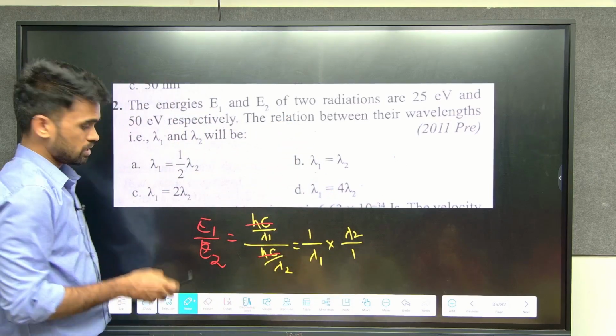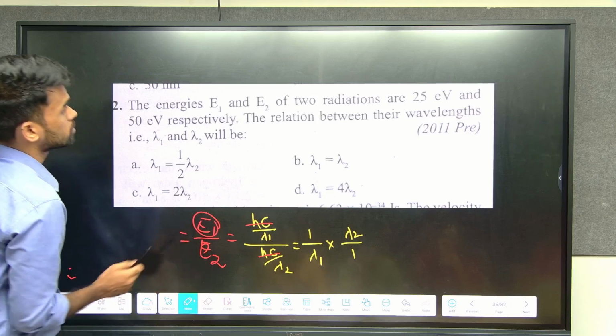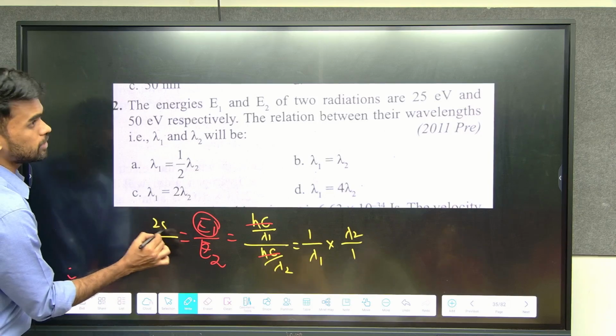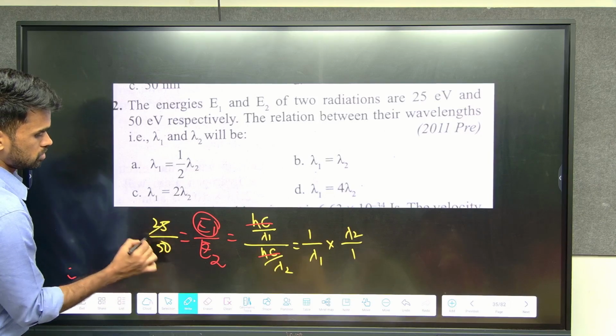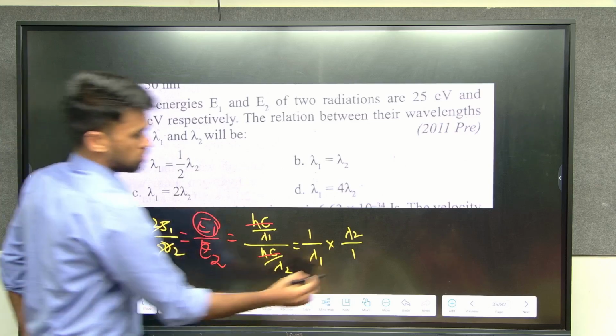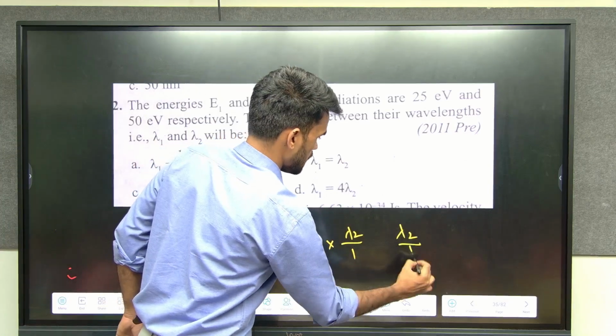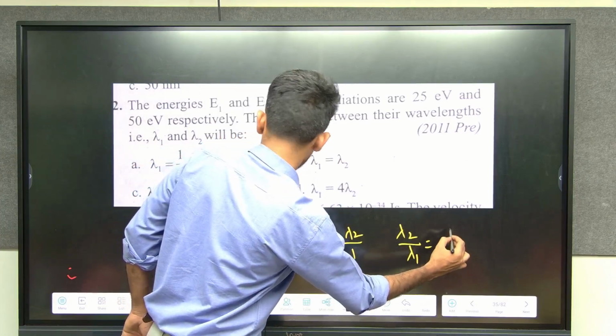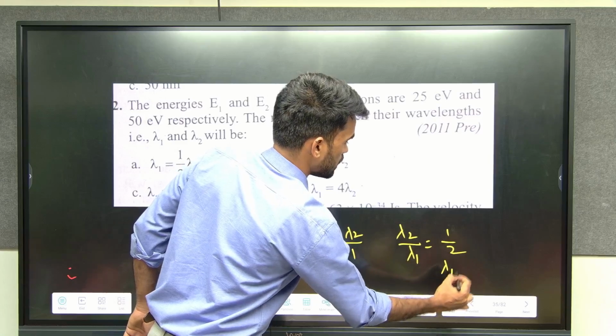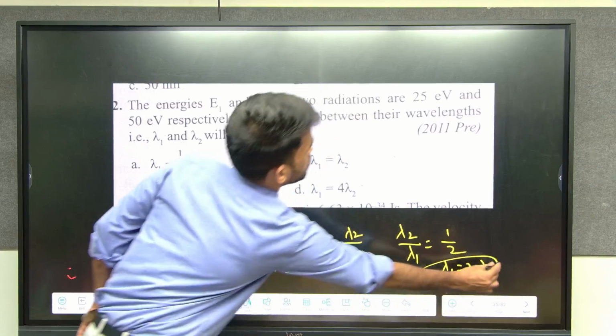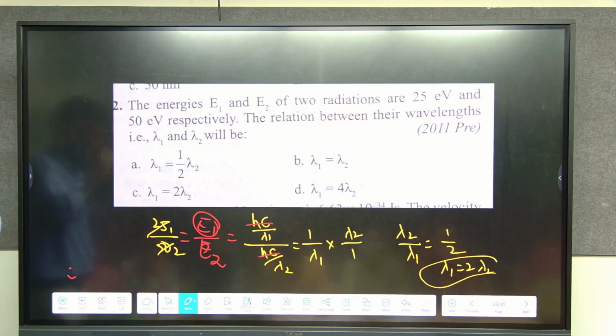So E1 is how much? 25. E2? So lambda 2 by lambda 1 equals 1 by 2. Then lambda 1 equals 2 lambda 2. So we have C. That's it. Everyone got this?